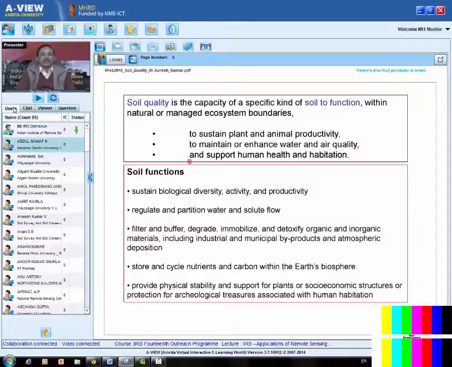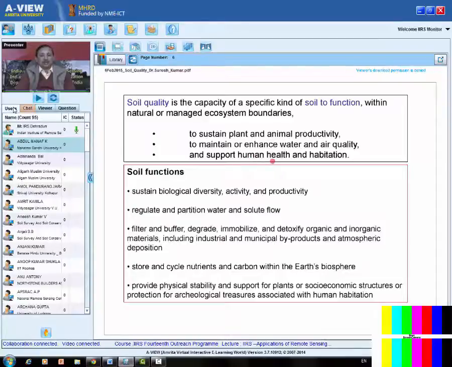Last, soil quality supports human health and habitation. Human health depends on the wheat and food grains you are consuming. If they are grown in balanced nutrient conditions, then your grains have a good amount of nutrients. Otherwise they are deficient in nutrients, and consuming them over a long period of time will affect our health.